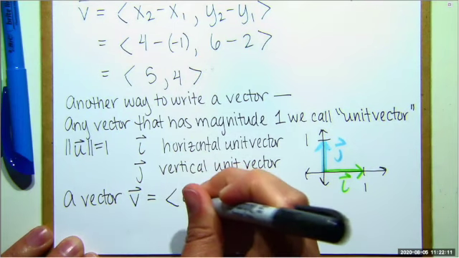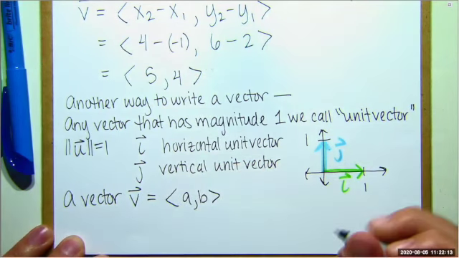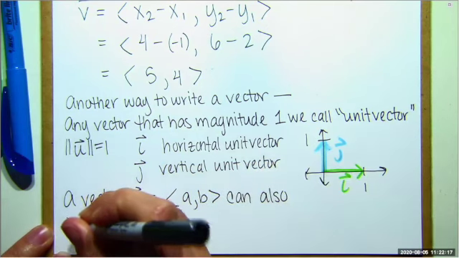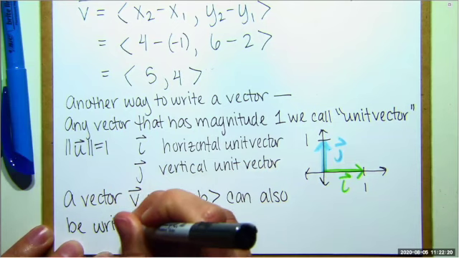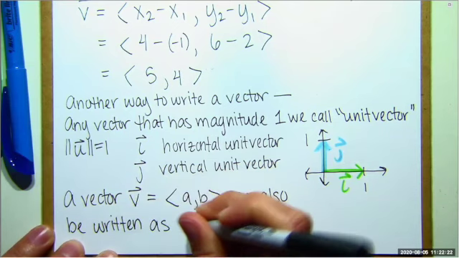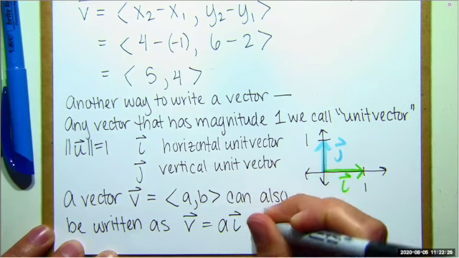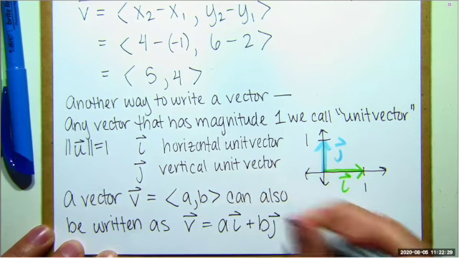So a vector that we've written up to this point as a comma b can also be written as ai plus bj.